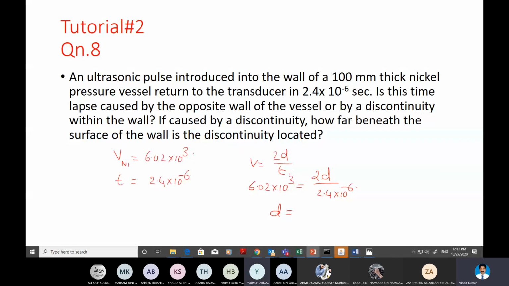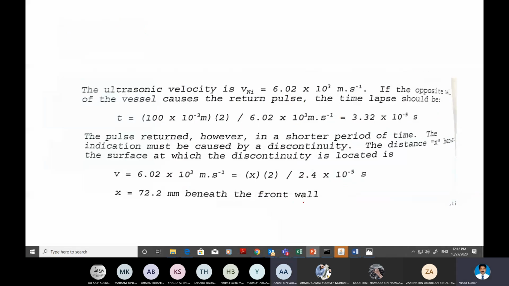Doctor, it will be 7.4 multiplied by 10 minus 3. Yes. All are getting the same value? Yes, doctor.